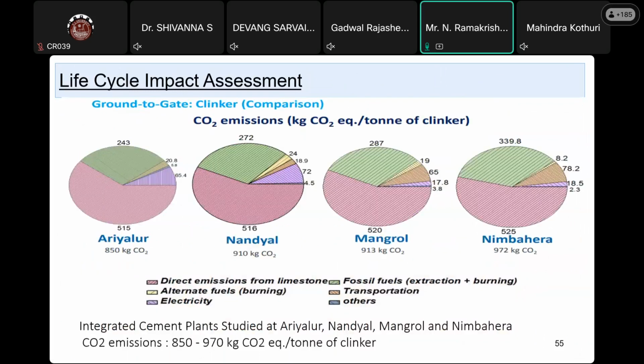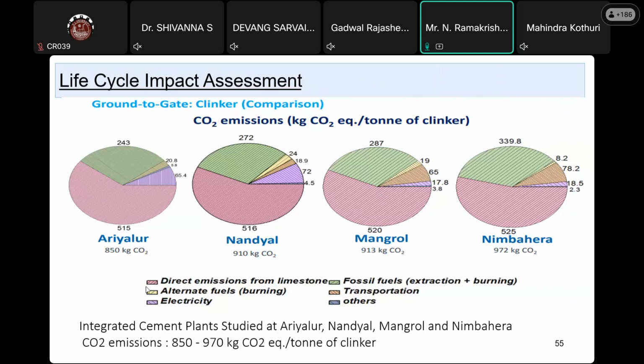So now this is the comparison they're making, ground to gate. From the mine to the gate, they are going to make a clinker comparison here. So Ariyalur, Nandyala, Mangrol and Nimbahera, these four they have made the conclusions, and they have found that it is between 850 and 970. The CO2 emission they have done separately, and separately for the energy consumed also.